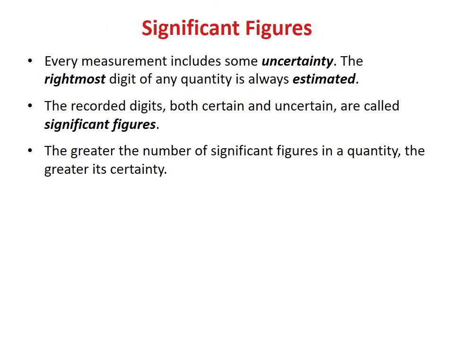Every measurement includes some uncertainty. The rightmost digit of any quantity is always estimated. For example, when you measure the mass of an object and you get, let's say, 51.2 grams, the rightmost digit, this 0.2, is estimated, and therefore this is an uncertainty.